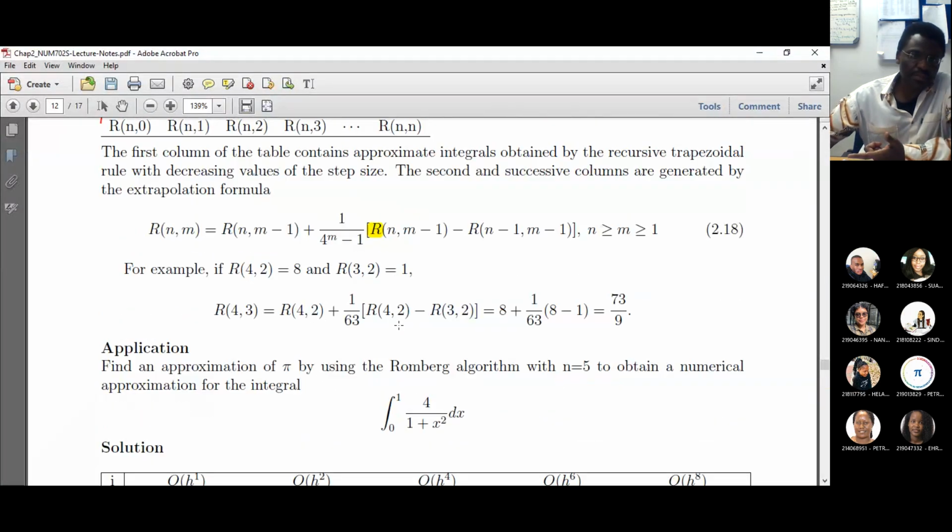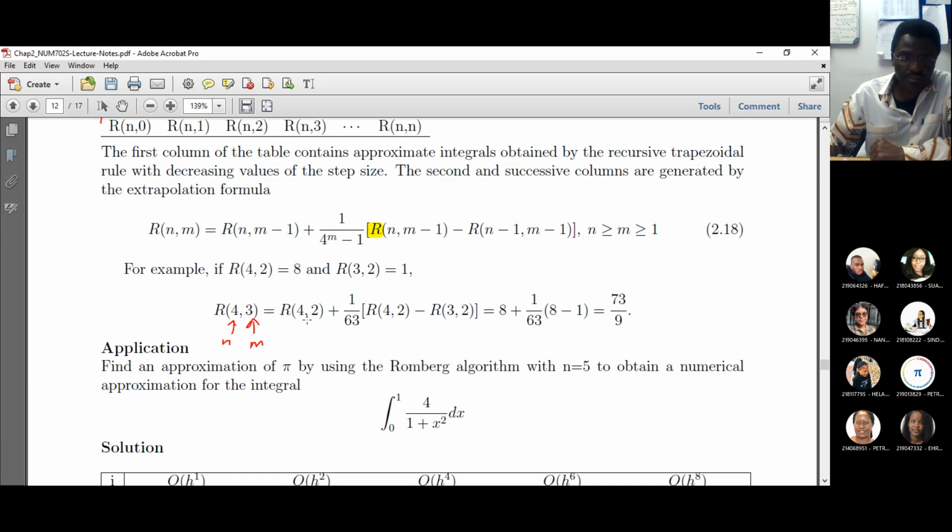Now, this is just a simple application, right? Now, we are given R42 and R32. We want to compute R43. You can see that here the value of N is 4, and M is 3. So 4, 3.